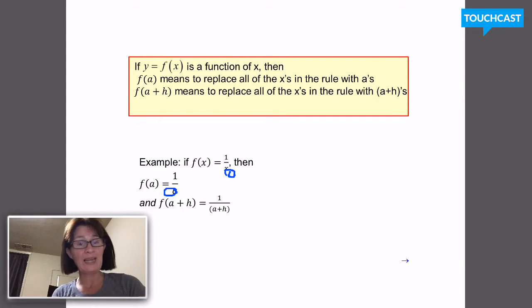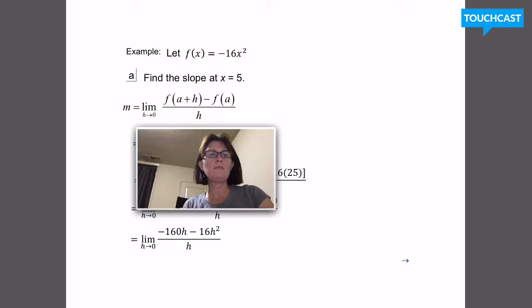And f of a plus h is going to be 1 over a plus h. So if you could think about what that function does to its input, and then make sure you do that to a, do that to a plus h. So the next 2 examples you're going to try on your own. So I just did an example, and you're going to do the 2 practice problems.